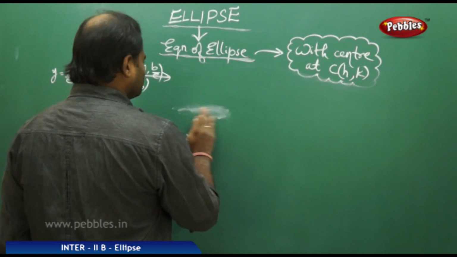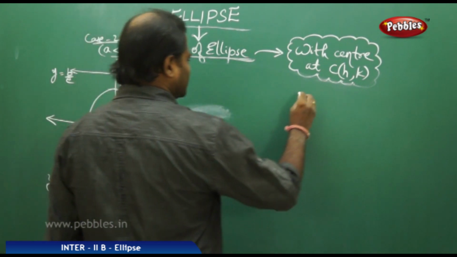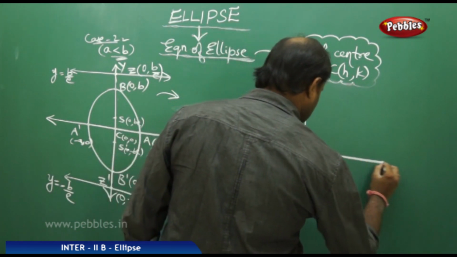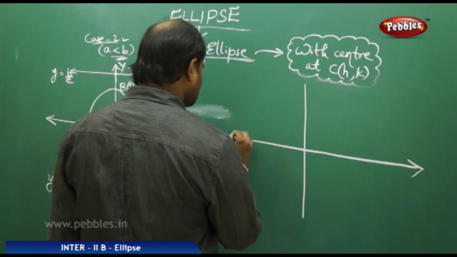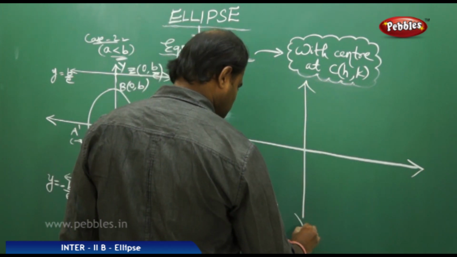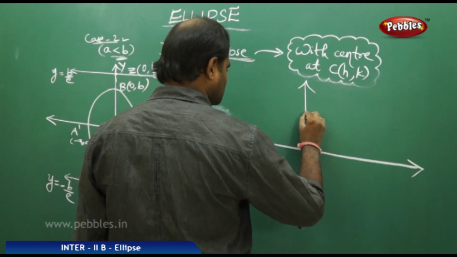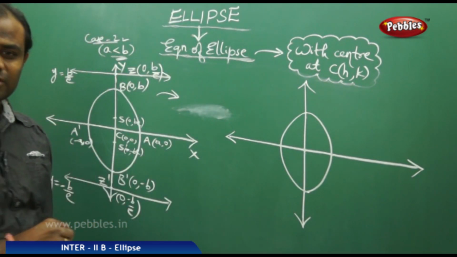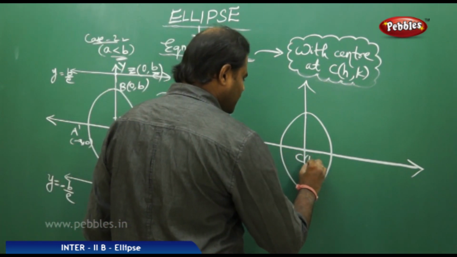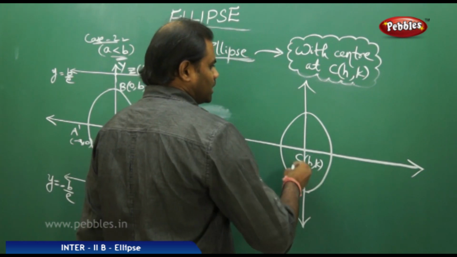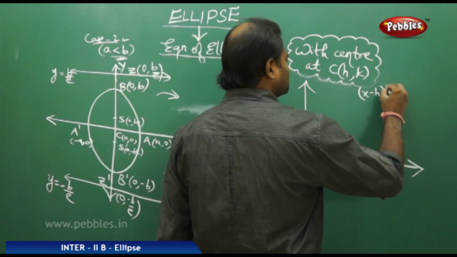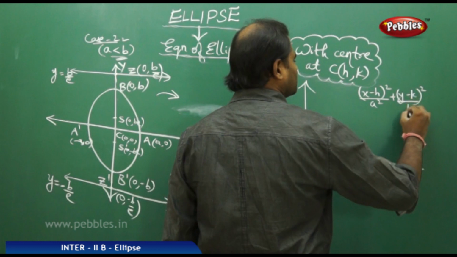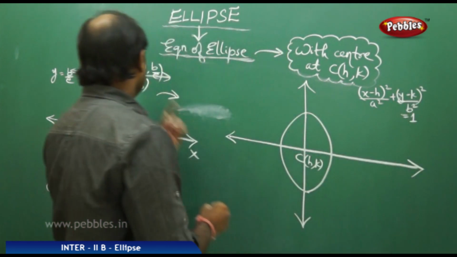So in this case of the transformed equation, I get the new transformed equation of the ellipse with center being (h, k), and for the ellipse (x minus h) whole square by a square plus (y minus k) whole square by b square equal to 1 with a less than b.